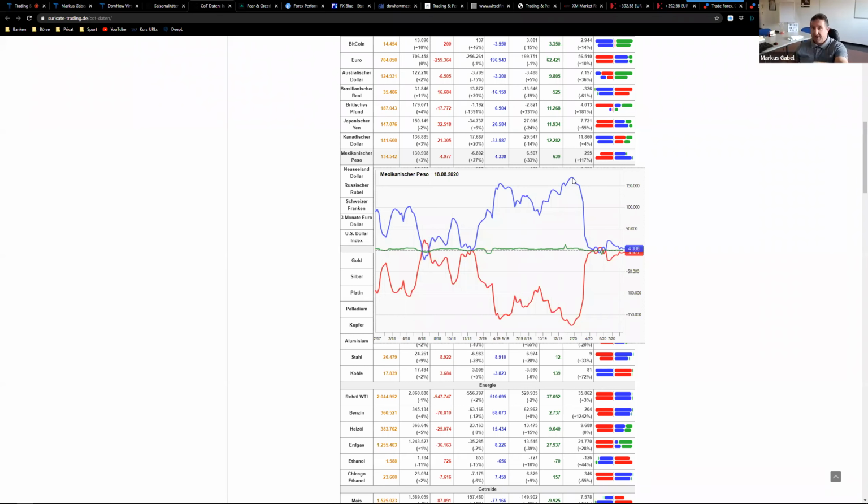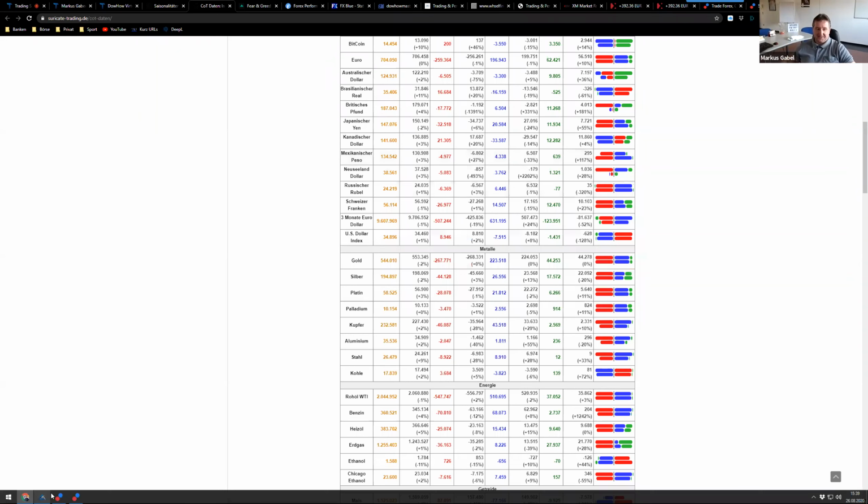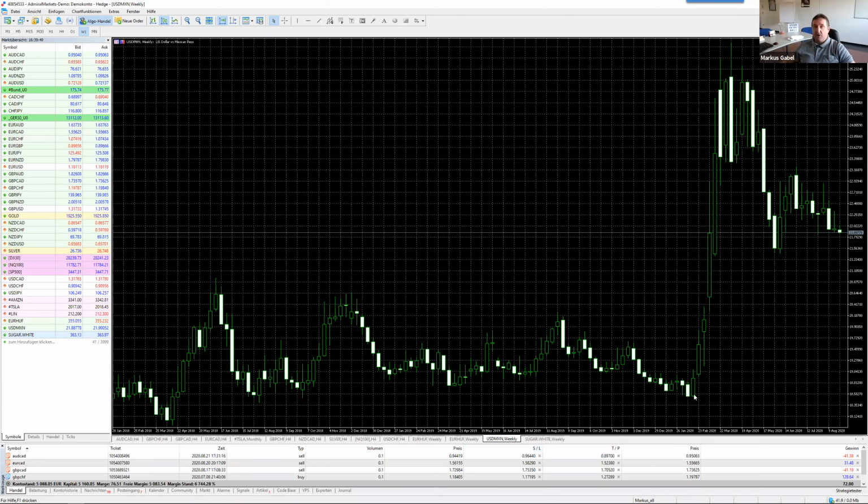What happened? February 2020, just have a look. In futures you say Mexican peso, US dollar. In the spot market, you have to switch it to US dollar, Mexican peso. So this is a rising US dollar, falling Mexican peso. Look at February, look at the 33 of February.